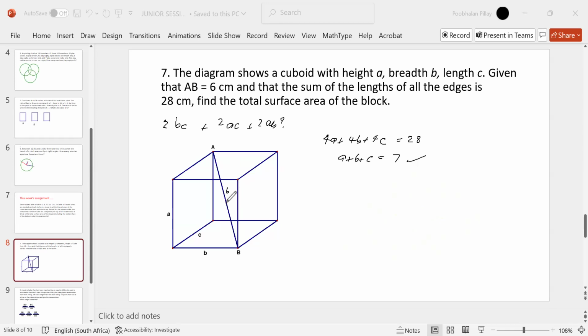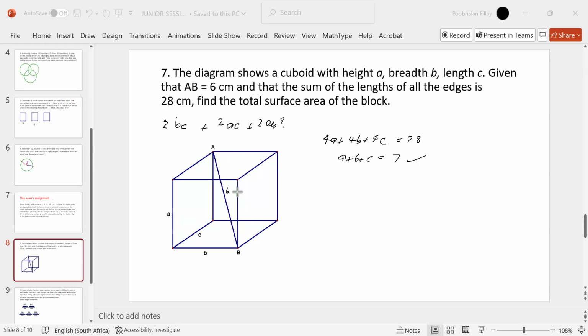Now, can we get an equation involving the 6? Well, I can, but I have to do something. I have to join. You see, this is the side.